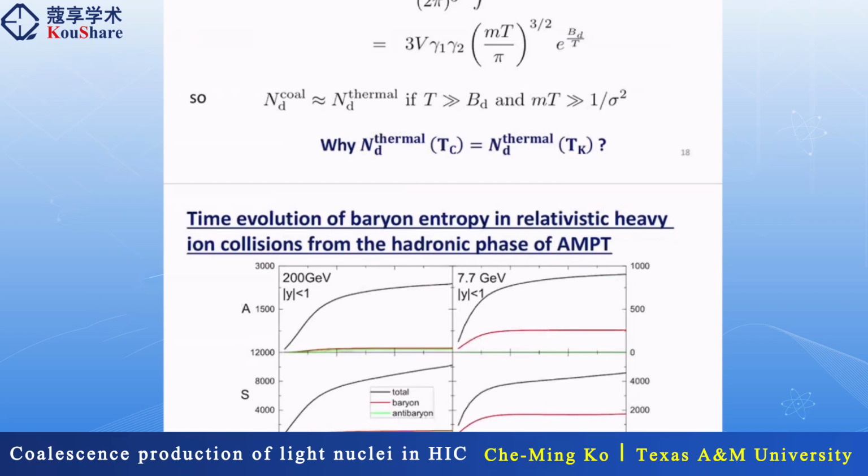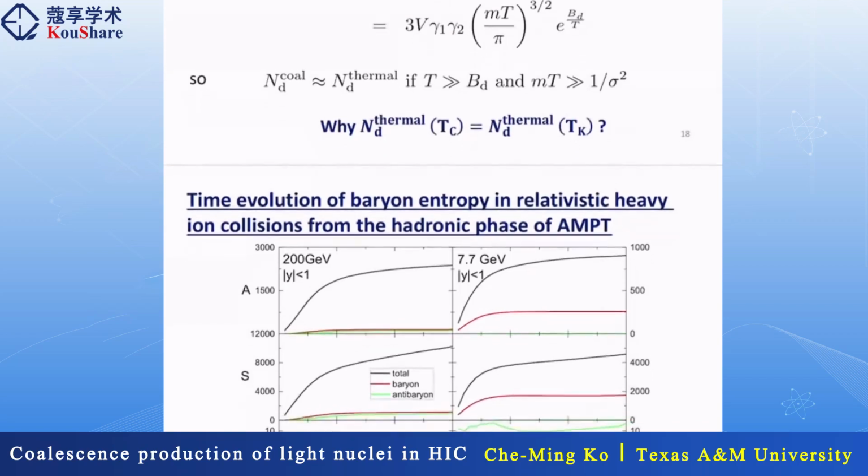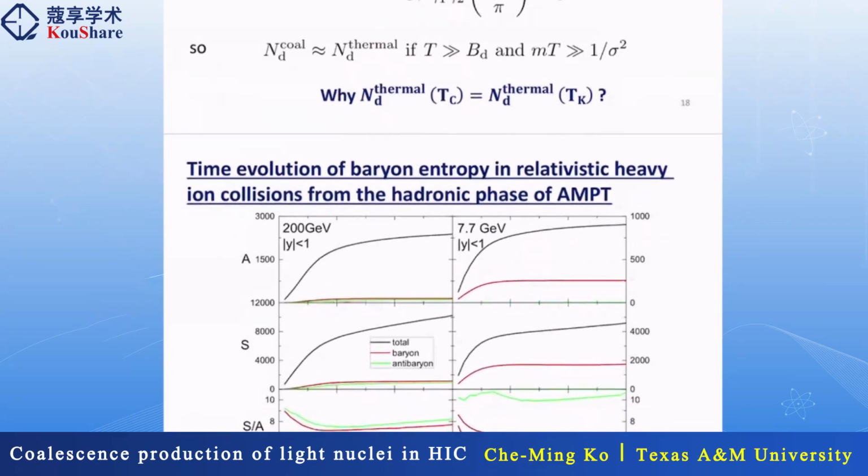In T_K, everybody has a chemical potential. But from here to there, the entropy per baryon remains constant. So I think that gives a plausible explanation of why the d/p ratio is already determined at T_C, and never changes afterwards.